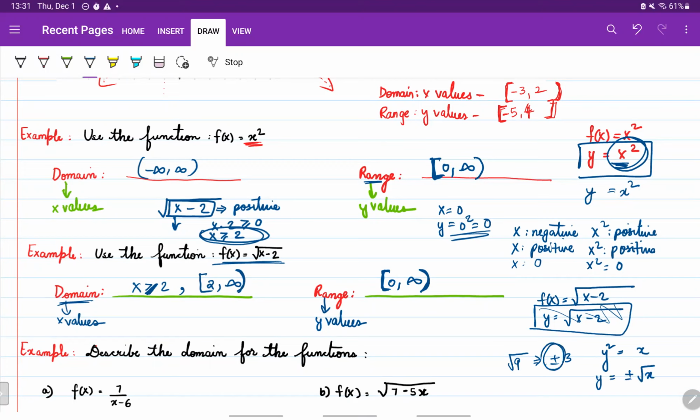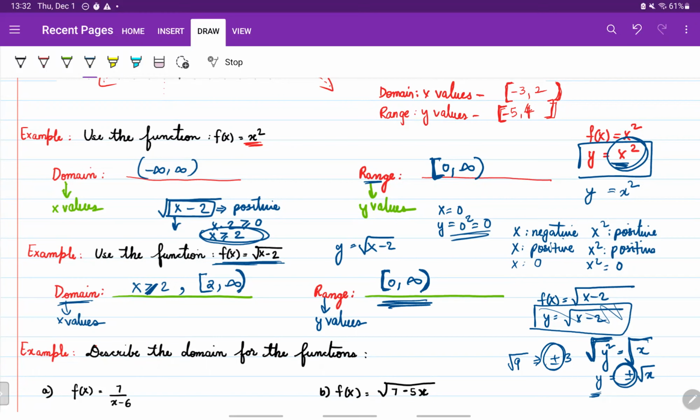It's not from the square root itself, but from the y, when we are square rooting on both sides, left and right. But here in the function, we are already given that y is square root of x minus 2. That means that we are only considering the positive values. That is why we are only taking the positive values here.